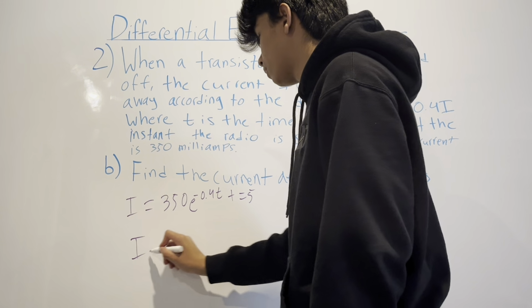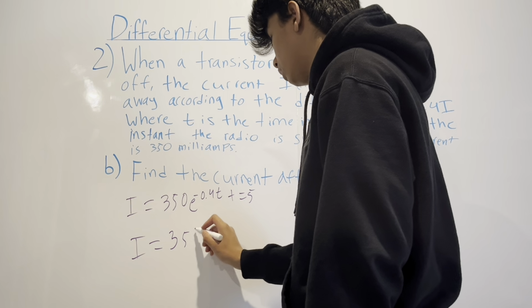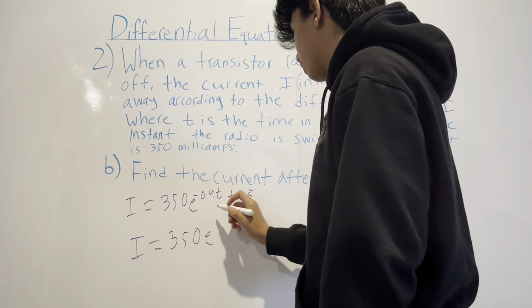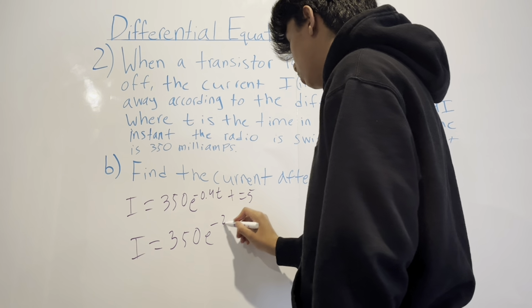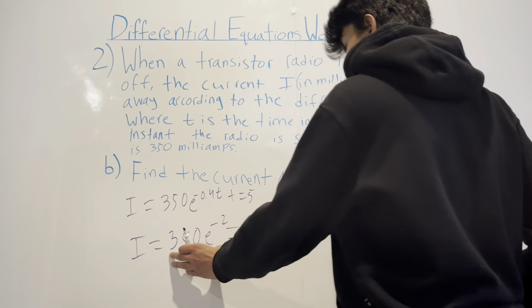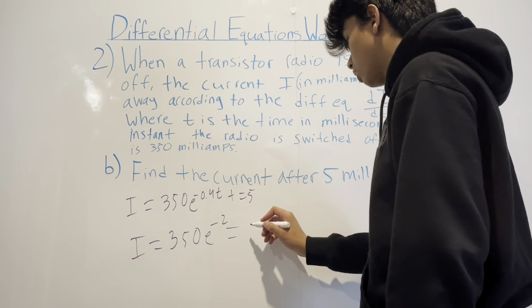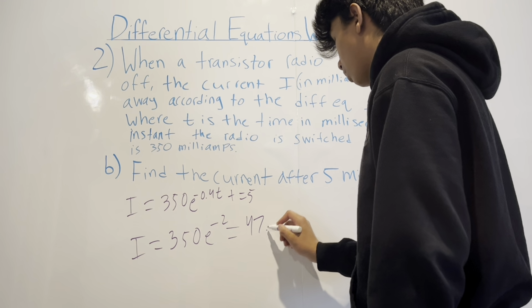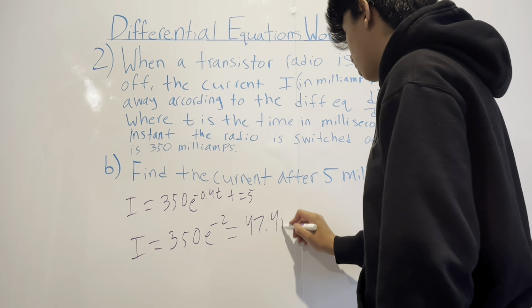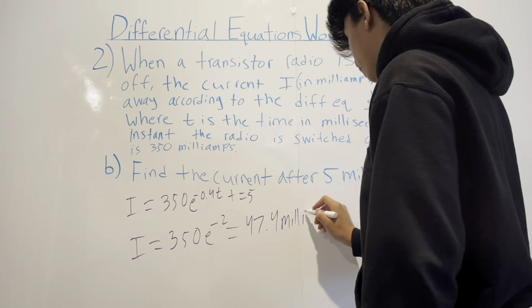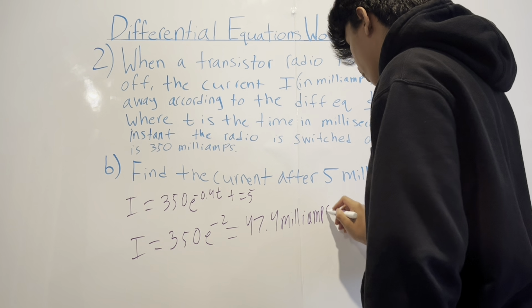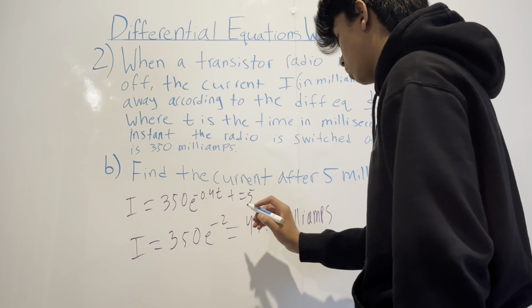So I equals 350 e to the negative 0.4 times 5 is negative 2. And this is the exact answer, but if you plug this into a calculator, you'll get 47.4, and the units are milliamps. And this is the final answer.